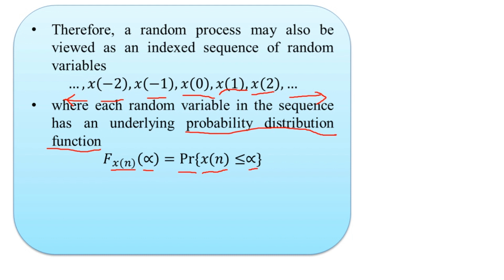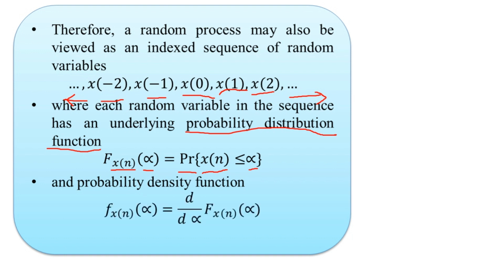Along with the probability distribution function, there is another function that can be derived from the probability distribution function, especially the derivation is to be carried out for the same, and it is represented with small f. It is nothing but the probability density function, and mathematically given as small f suffix x of n, the random process, as a function of alpha.